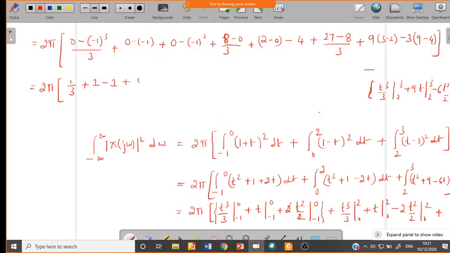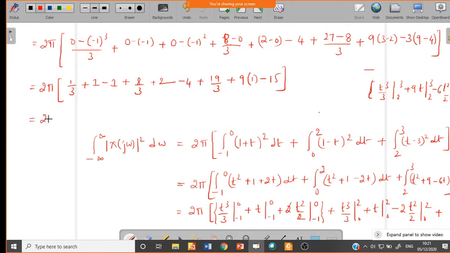Plus 8 by 3 plus 2 minus 4, and plus, what is the value of 27 minus 8? It is 19 by 3. Plus 9 into (3 minus 2), which is 1, minus (9 minus 4), which is 5, 5 into 3, it is minus 15.